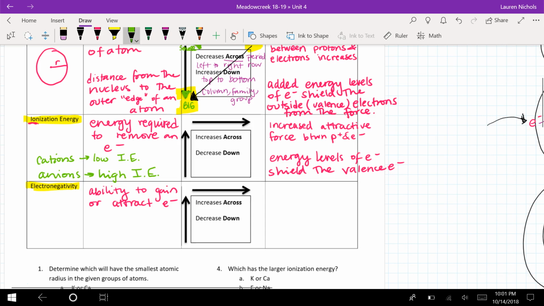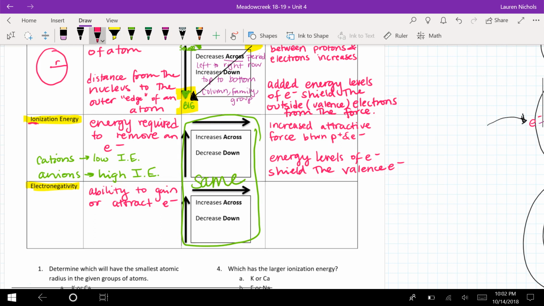And the reason why is, if I require a lot of energy to remove an electron, then I am also probably good at gaining or attracting other electrons. And so they go hand in hand, and they share the same trends. These are the same trends, the same pattern, and that is because their reasons are also the same.